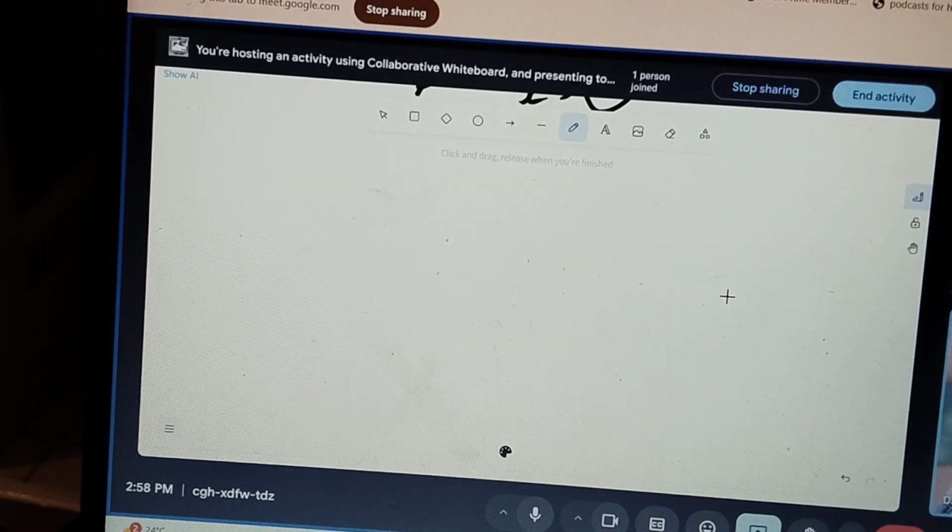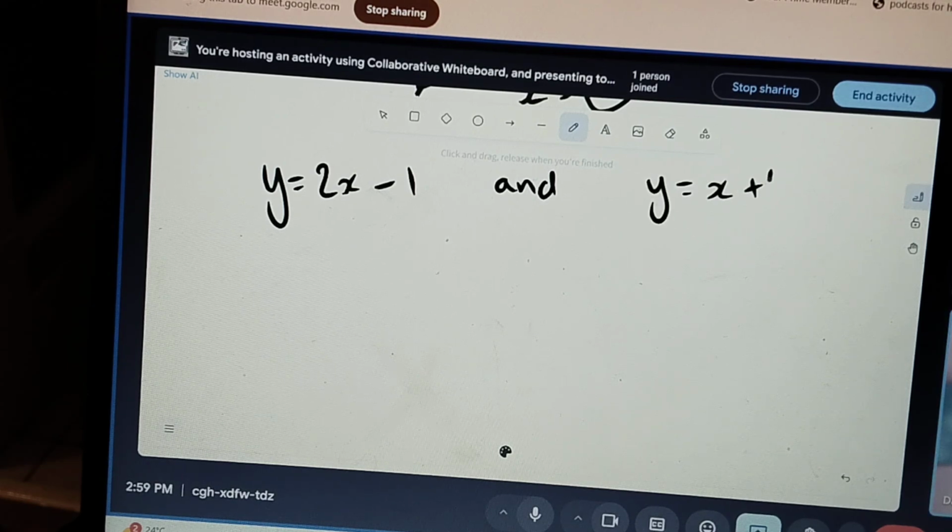Are you ready? If I said that y equals 2x minus 1 and y equals x plus 4, I've got two equations, right? I want to solve them simultaneously.